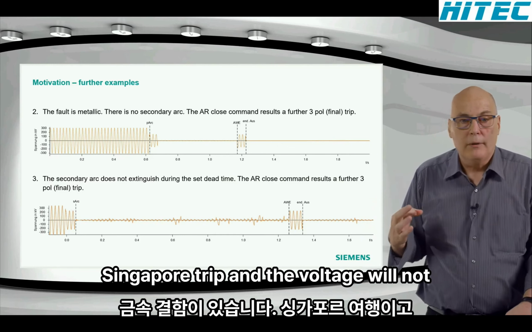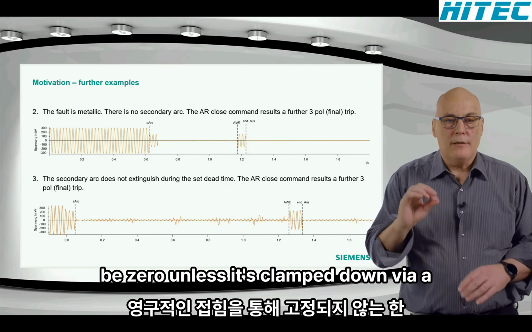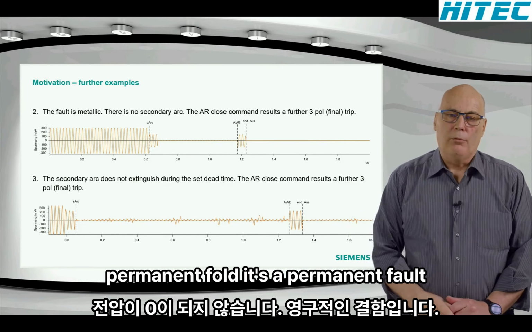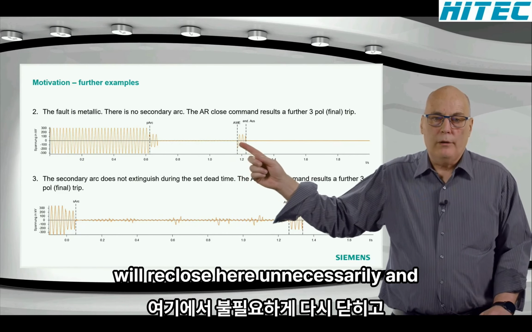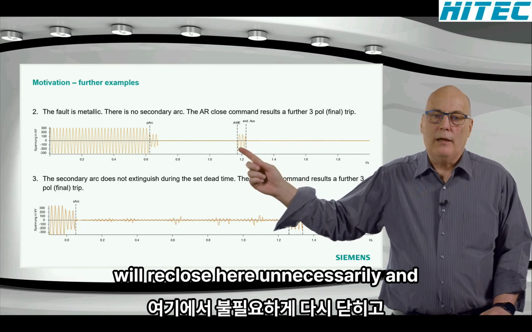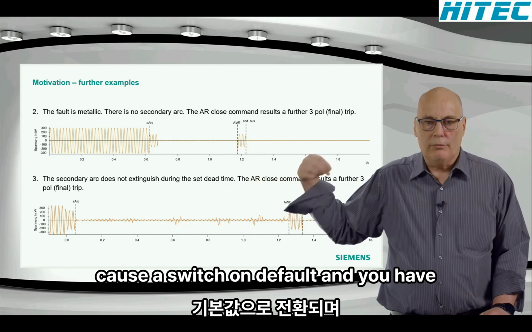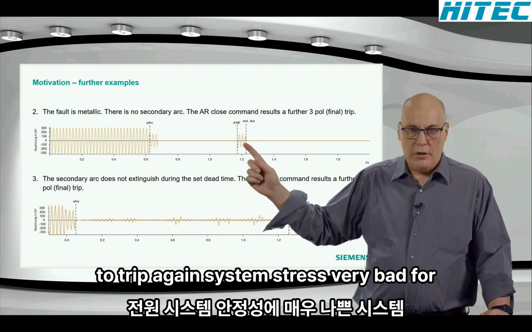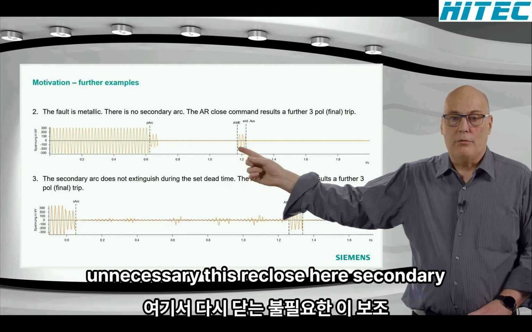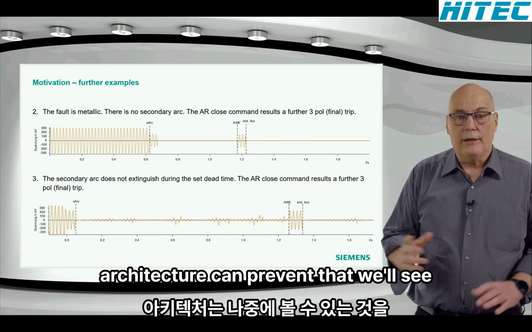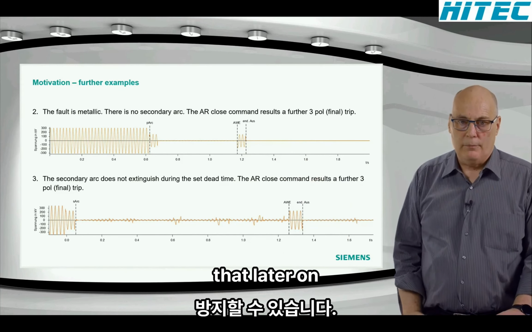It's a single pole trip, and the voltage will not be 0 unless it's clamped down via a permanent fault. It's a permanent fault. The auto recloser does not notice and will reclose here unnecessarily and cause a switch on to fault, and you have to trip again. System stress, very bad for power system stability and so on. This reclose is unnecessary. Secondary arc detection can prevent that. We'll see that later on.